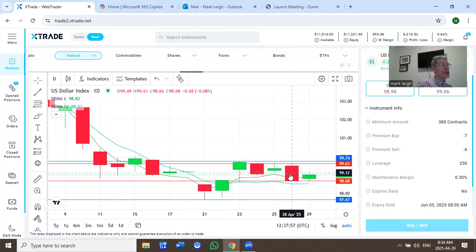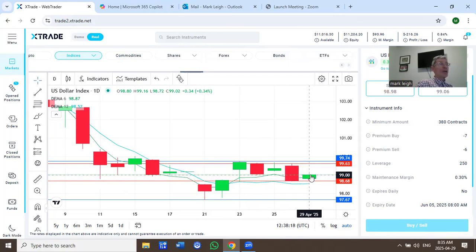We saw the US dollar index come down here, establish support at 98.68, and all the major currency pairs strengthened against the US dollar yesterday. So we'll see how that plays out today, whether this US dollar strength can continue or if we get a turnaround and US dollar weakness continues.